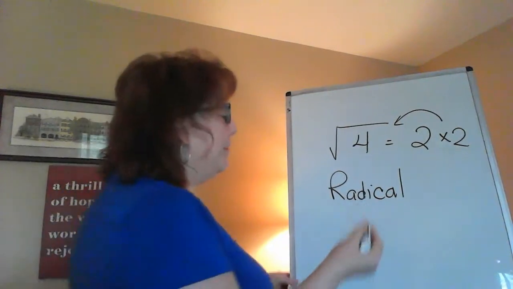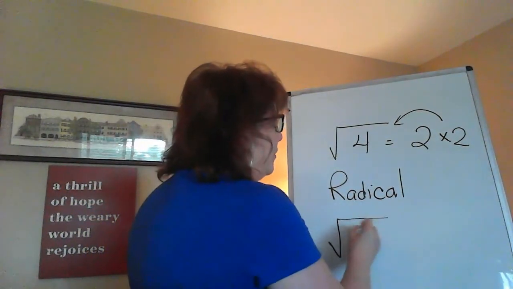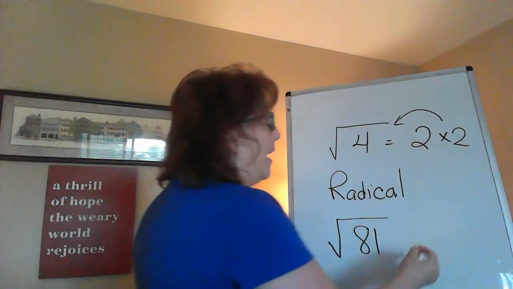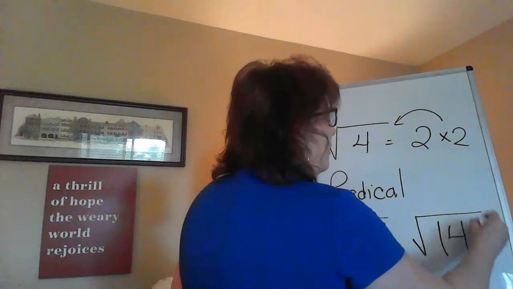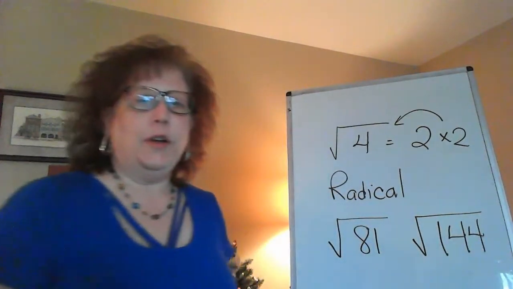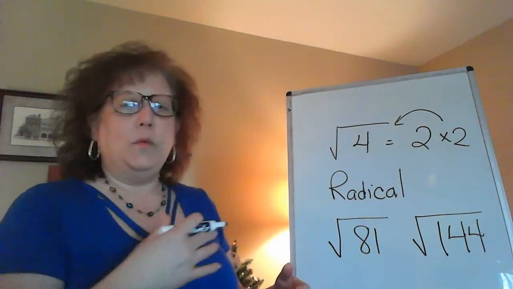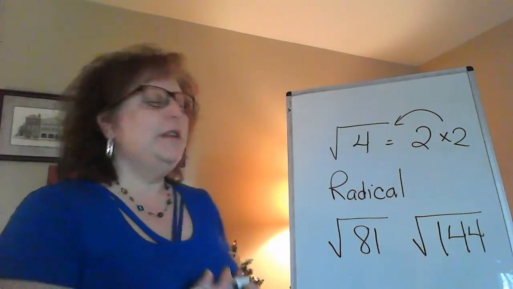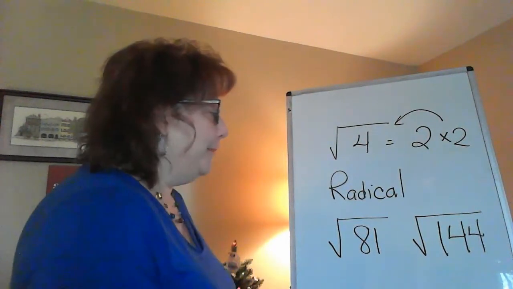I want you to take a minute, just reviewing, and figure out what the square roots of these 2 numbers are. So hit pause, and then once you've had a chance to do those, come back, or perhaps you know them really quickly in your head.